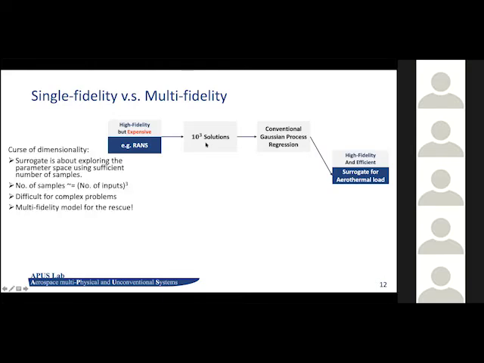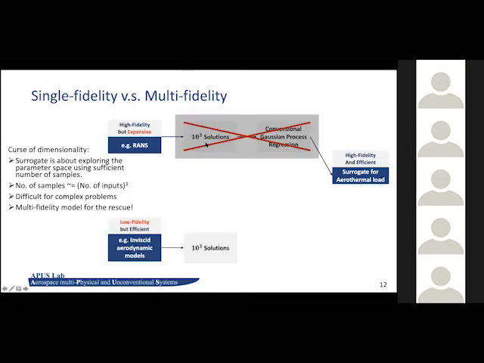What we thought about then is to use a multi-fidelity approach, where we introduce a lower fidelity model, for which we can generate a high number of solutions very easily. Then we introduce maybe 100 or 10 solutions as a correction.